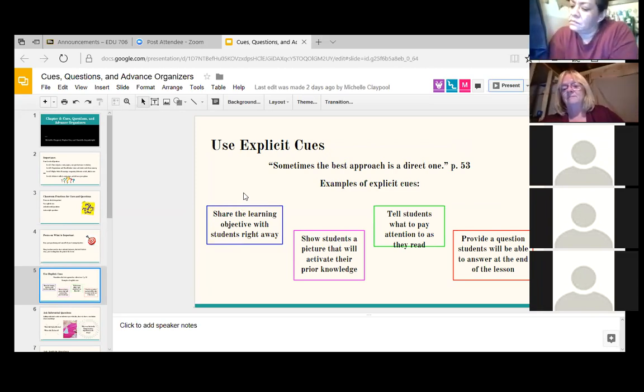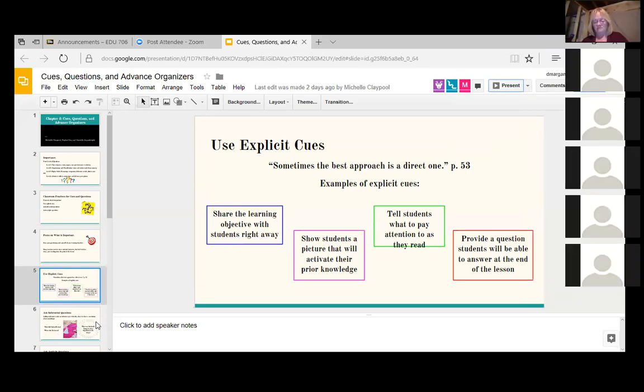And then providing a question that students will be able to answer at the end of the lesson. Kind of like a learning objective, you're showing them this question. It might be this big thing. You're saying, wow, we don't know the answer to this, but by the end of the day or by the end of this week, we're all going to be able to answer this question or meet this goal.